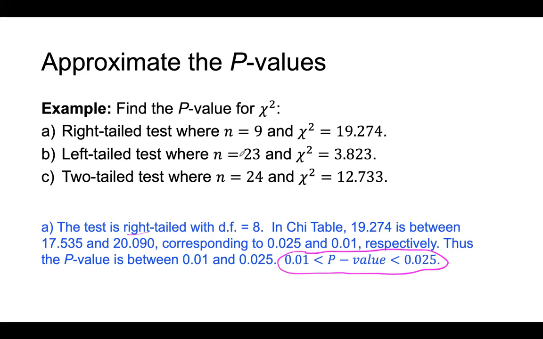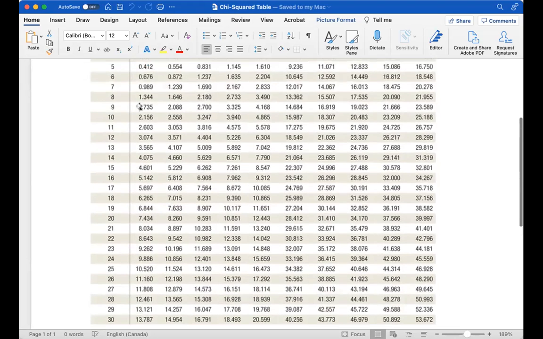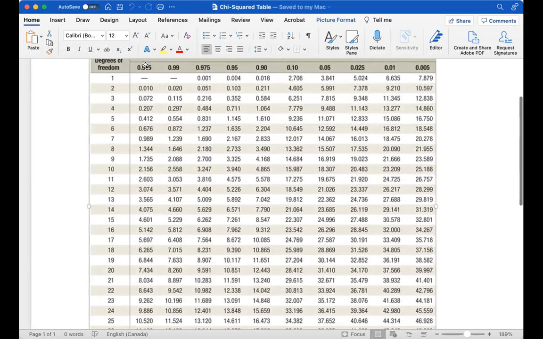For the left-tailed test, where n is equal to 23 and chi-squared is this, we can look this up in the table too. The degrees of freedom is 22 and our value was 3 something, so that's less than this value.